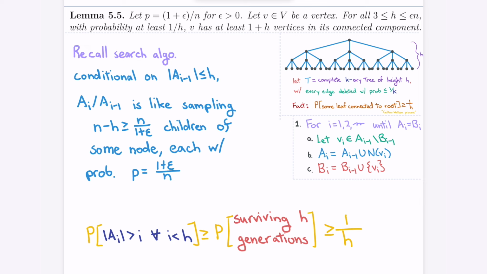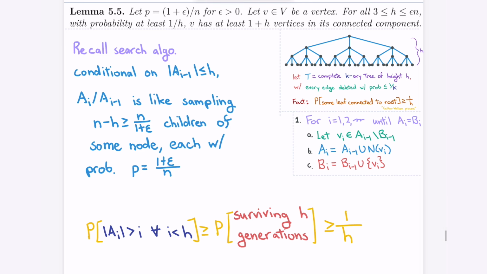If you survive full H generations, you definitely get a total population size of H, and that we know is 1 over H. So you can relate that together. At some level, with a very small component, you basically don't have any redundancy among the explored vertices. So there's not that much difference between a full branching tree and this randomly, potentially more connected graph.